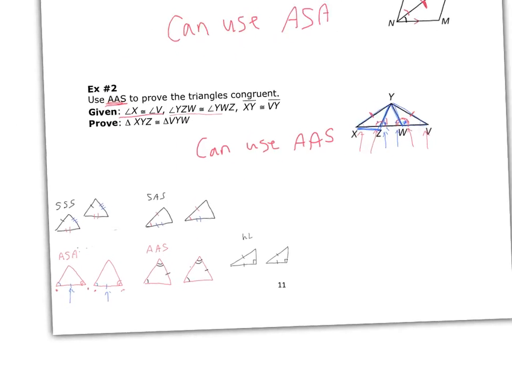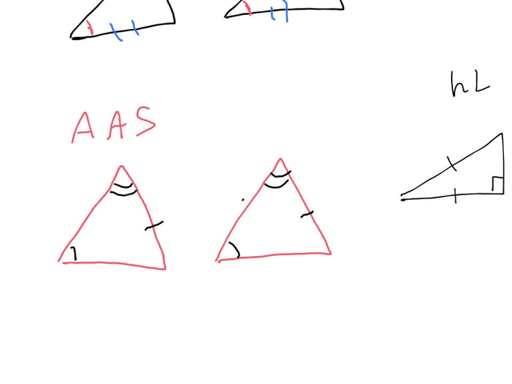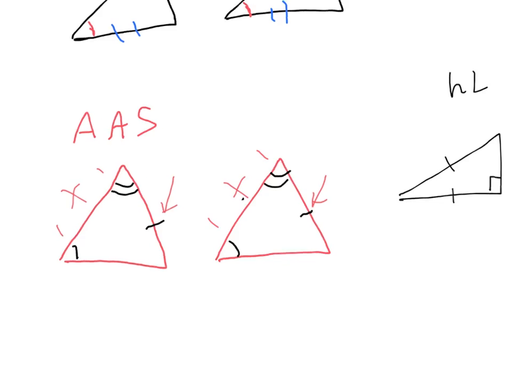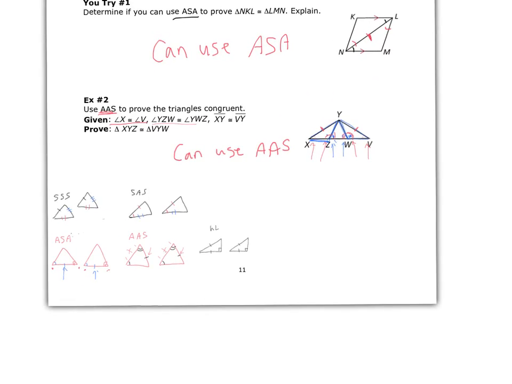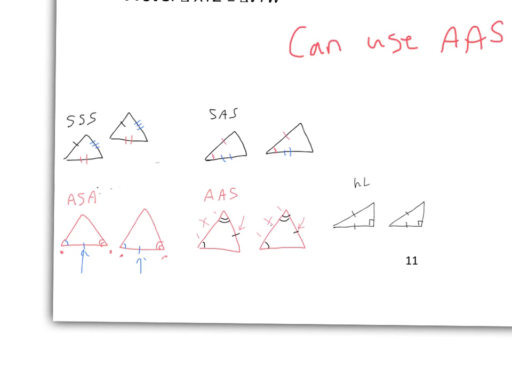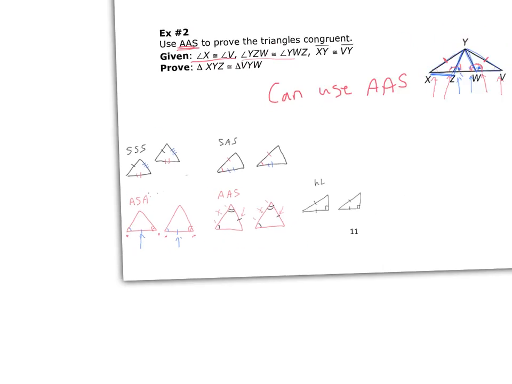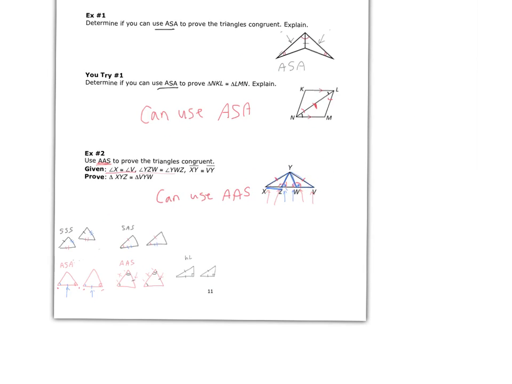Okay, remember AAS looks like this. Two sets of congruent angles, and one congruent side that is not in the middle of those two. Okay? I know this is a lot of information, but basically, if you can memorize these pictures, you'll be in good shape.